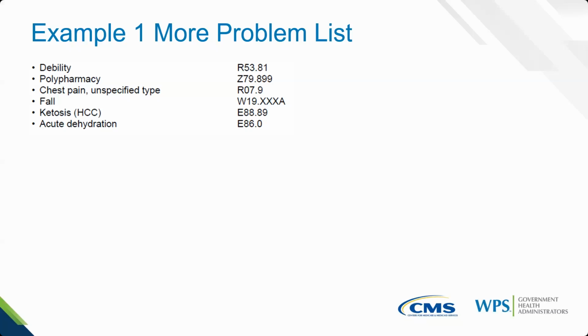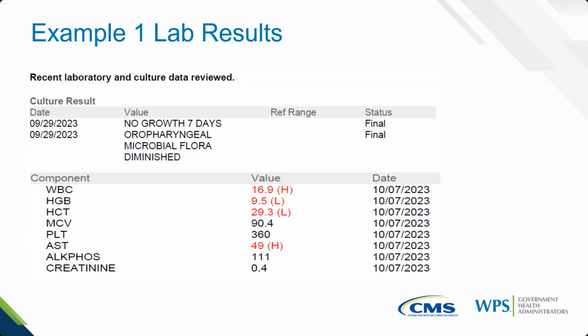And so what we're looking for when we're evaluating documentation is specifically, what is this physician or non-physician practitioner treating on this particular day? The next thing that we have is lab results.